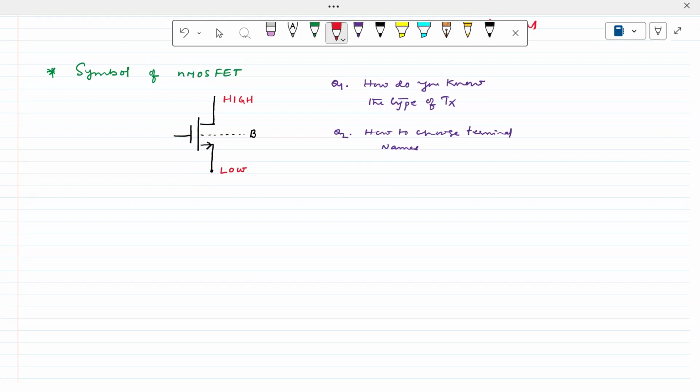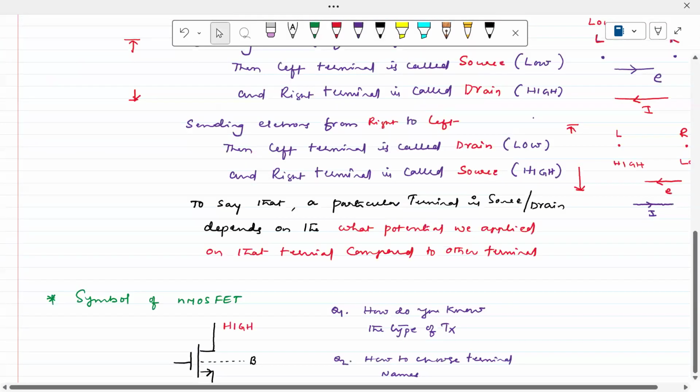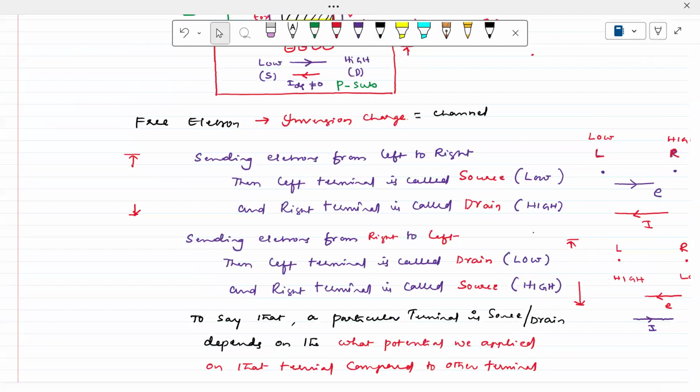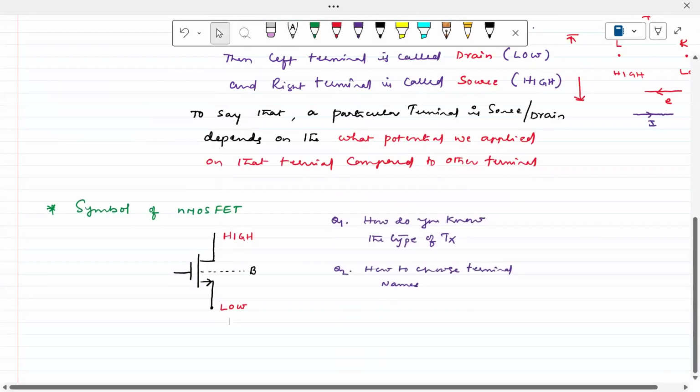Is the upper one the drain or the lower one? Whenever you apply the highest potential, we call it the drain for the NMOS transistor.